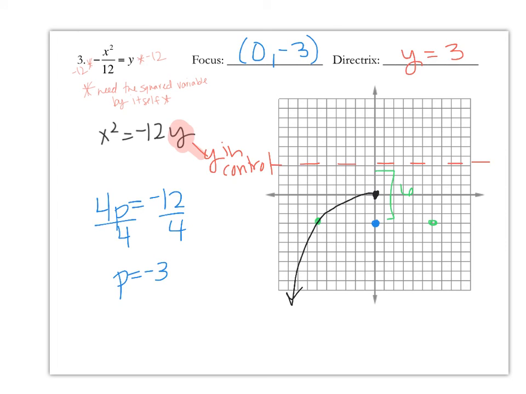And if you notice here, it is actually facing in the -y direction, which is what we knew would happen because y was in control and the coefficient was negative, so it faces in the negative y direction. Alright, let's take a look at something a little different.